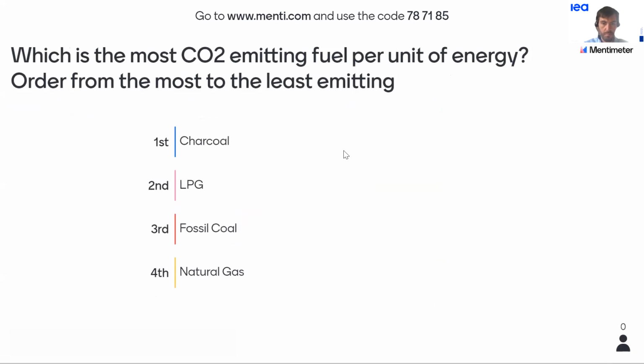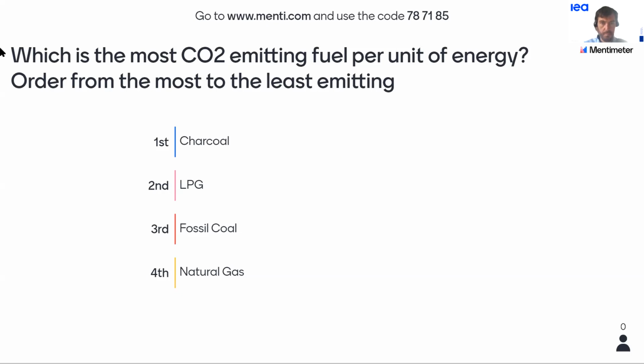Now it's just trying to order these different fuels from the most emitting to the least emitting. So for you, what is the most emitting among these fuels? Charcoal, liquefied petroleum gases, fossil coal, natural gas.